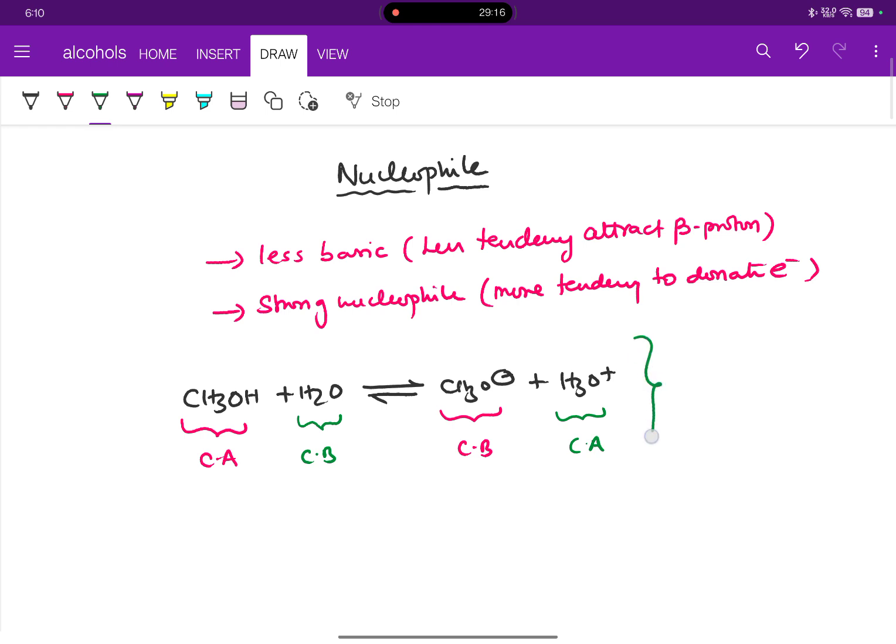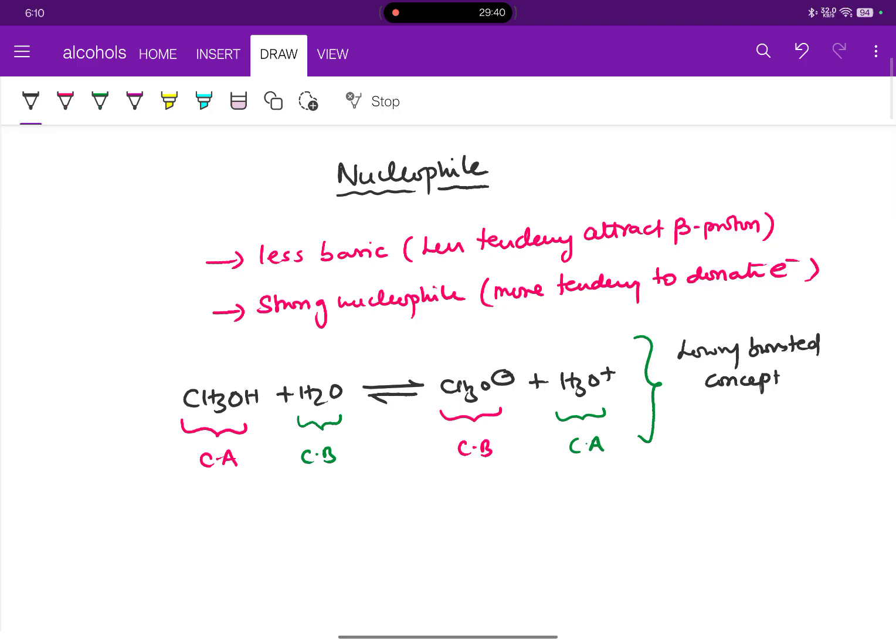This is by the Lowry-Bronsted concept, or conjugate acid-base theory. Do you remember from last year? So now I have the conjugate base of methanol and the conjugate acid of methanol.